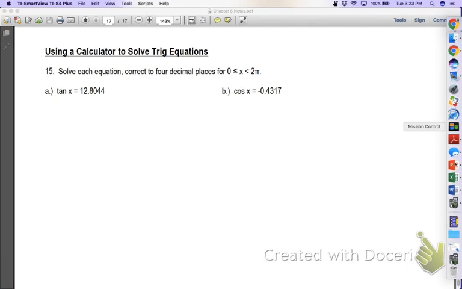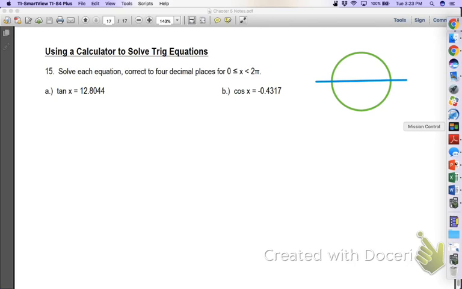Alright, last one. Anytime you have to use a calculator to solve trig equations, you essentially want to figure out what the actual decimal value is if we would draw the unit circle.